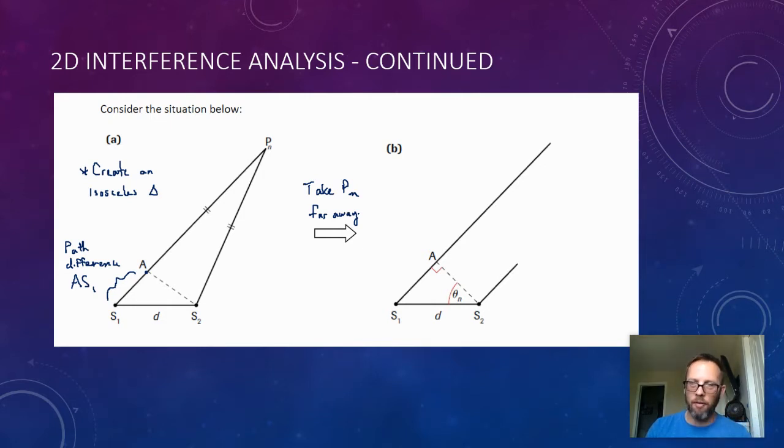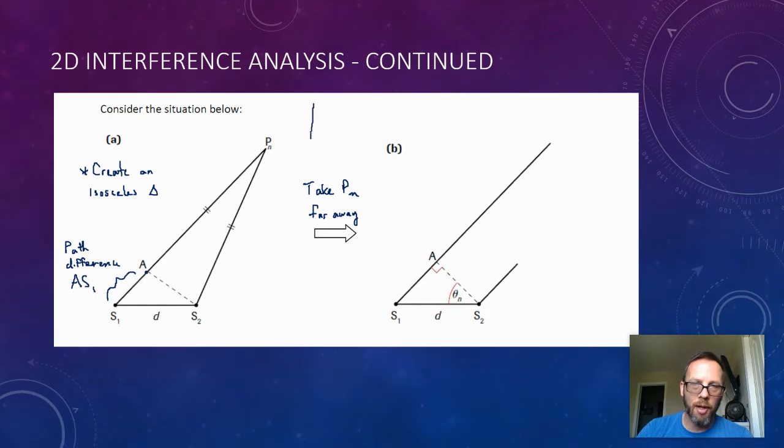So taking Pn far away makes a lot of sense, because the D distance is super small for light. What you get is that APn and S2Pn, those two sides of the isosceles triangle, become basically parallel, because as you drag Pn far away, you still have an isosceles triangle.